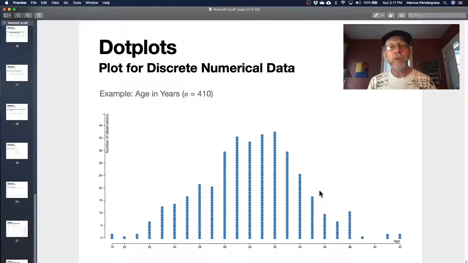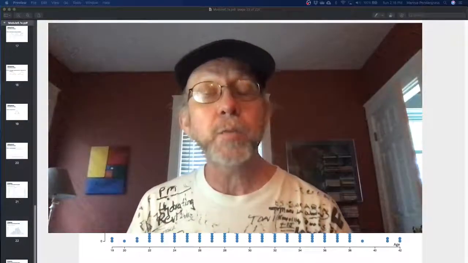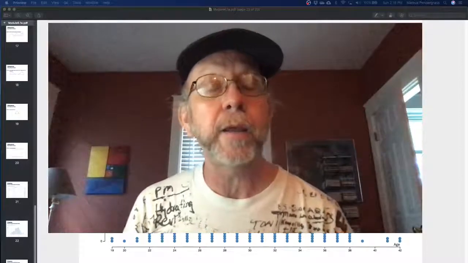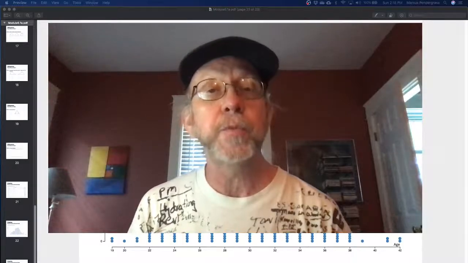This would be a unimodal distribution, roughly symmetric, although you might detect a slight left skew to this distribution, and so we could describe its shape that way. Okay, so that's a brief introduction to some of the types of plots we use for numerical data and how we describe those distributions in terms of their shape.